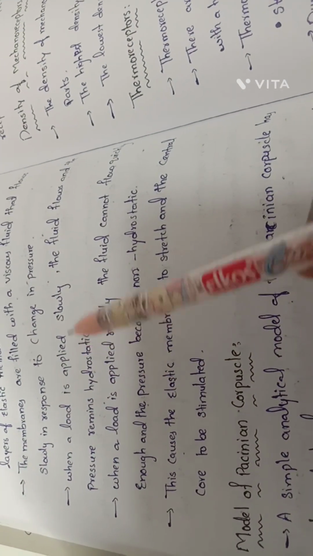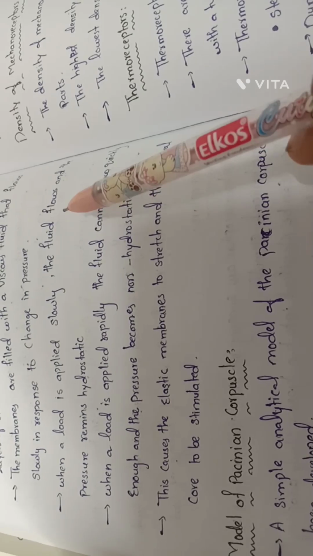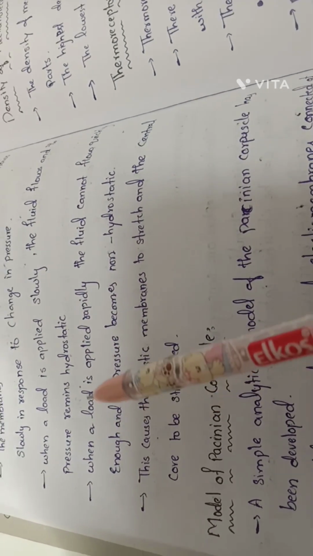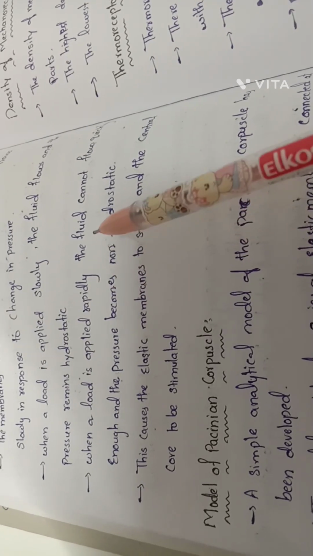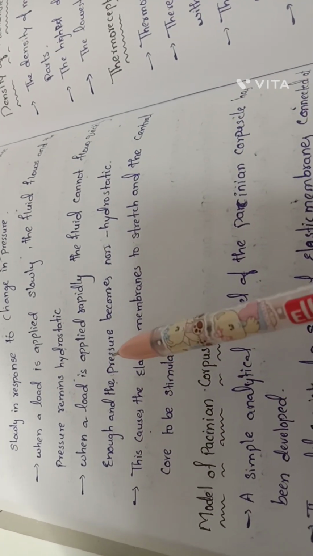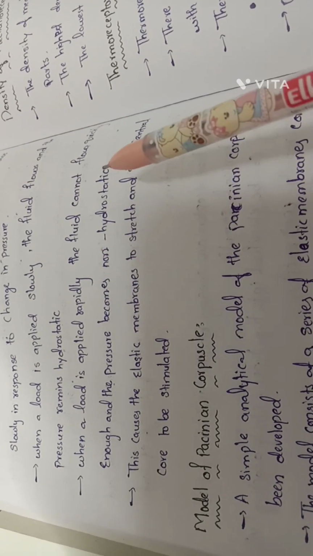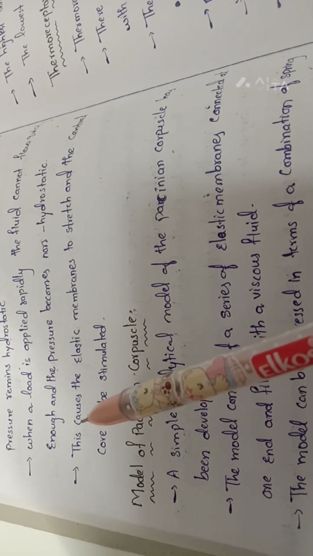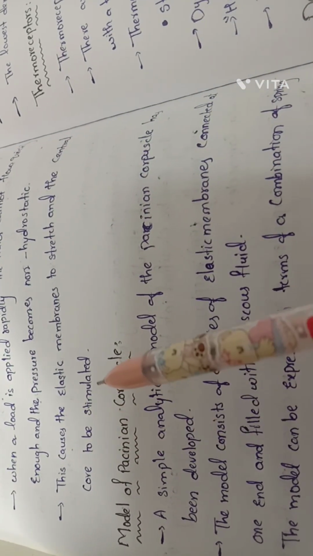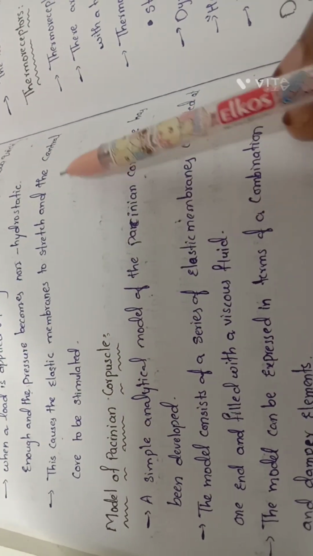When a load is applied slowly, the fluid flows and the pressure remains hydrostatic. When a load is applied rapidly, the fluid cannot flow quickly enough and the pressure becomes non-hydrostatic. This causes the elastic membrane to stretch and the central core to be stimulated.